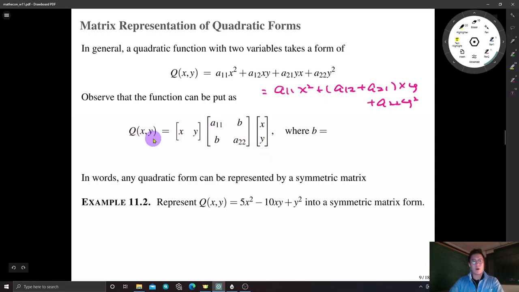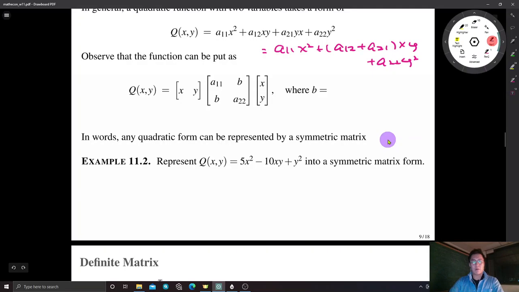So if we have this quadratic form, for example, 5x squared minus 10xy plus y squared, that can be written as the row vector (x, y), then a matrix where the coefficient of x squared comes first, that's going to be the first entry, and the coefficient of y squared is going to be the last entry.